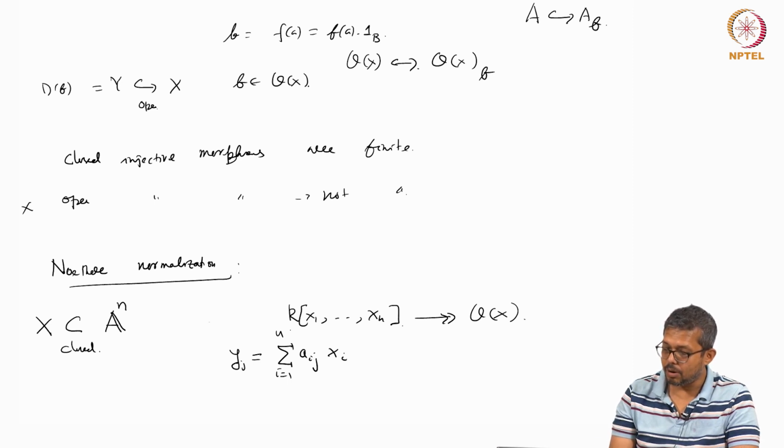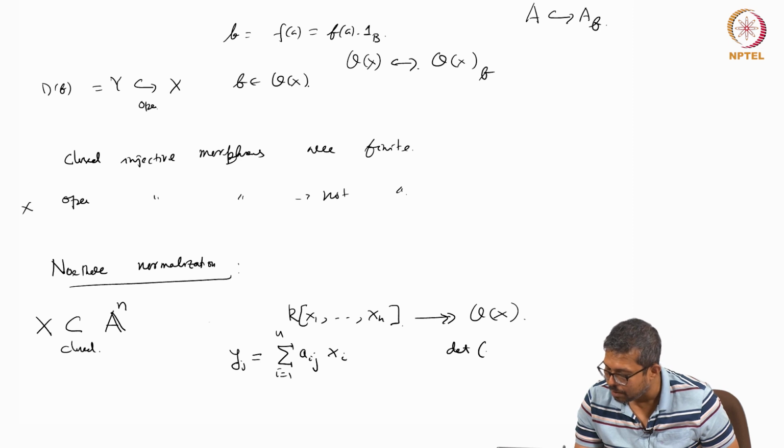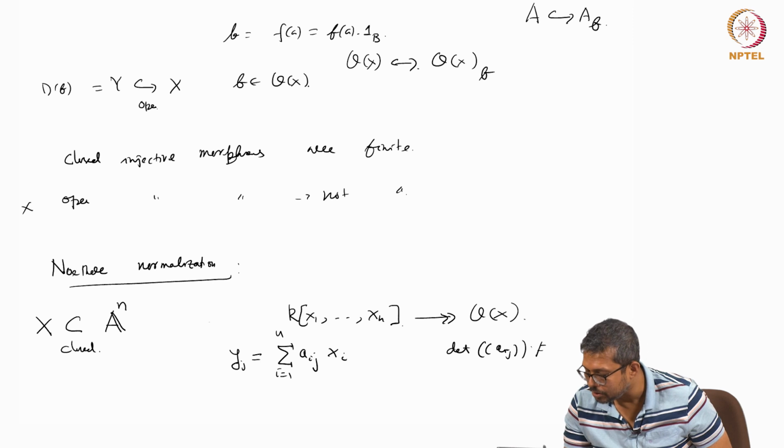And it should be an automorphism. That means with the condition that the determinant of this matrix a_ij is non-zero.